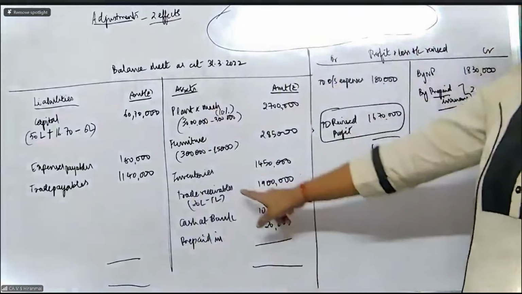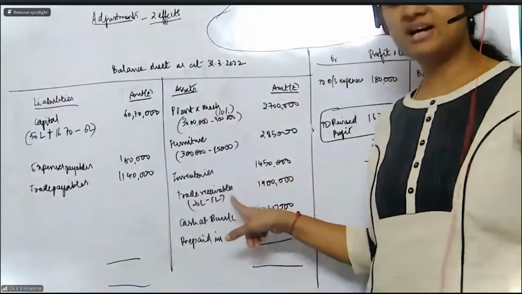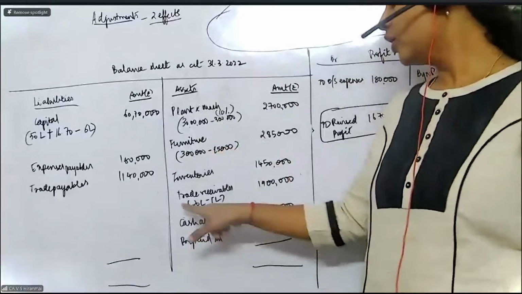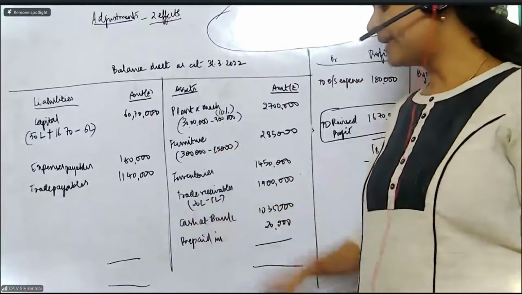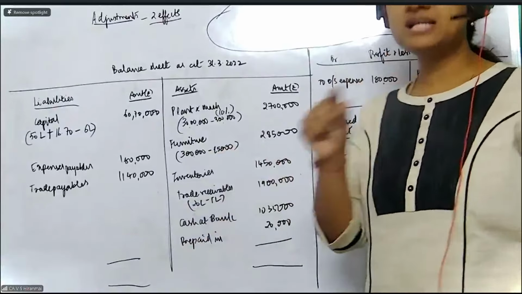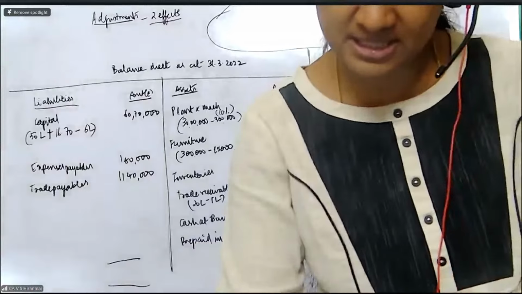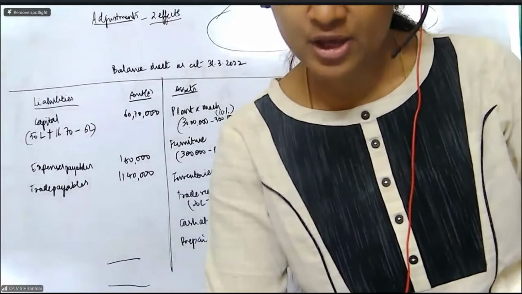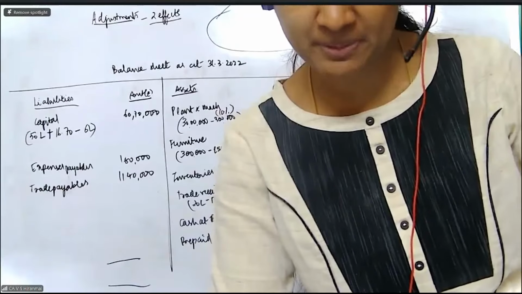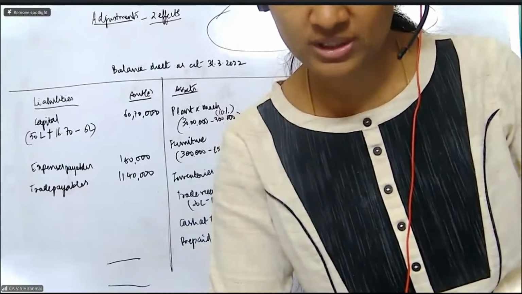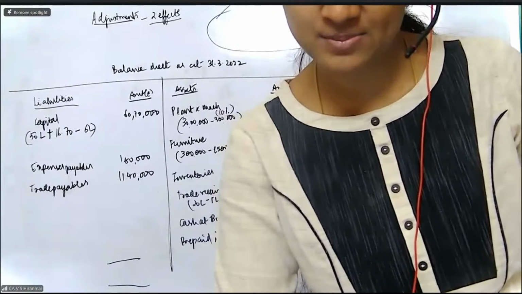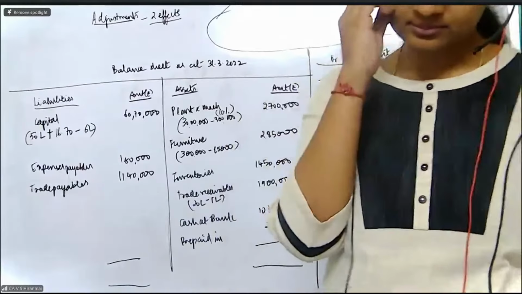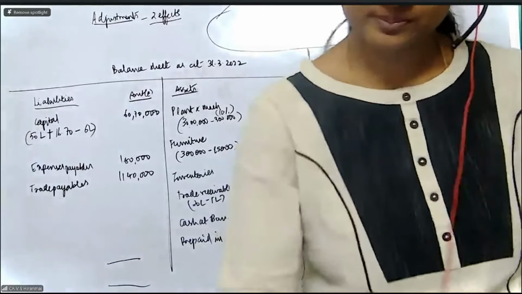Trade receivables, what is the point? This trade receivables, you should not take from the opening balance sheet, it is the closing one. They have given it in the adjustment, from that I have taken 20 lakhs. Now, madam, why 1 lakh you have subtracted? Because it is given in the adjustments that you have created a provision of 5 percentage, that is given to you already. So after applying that 5 percentage on 20 lakhs, you are subtracting that 1 lakh. Is that okay? Clear?